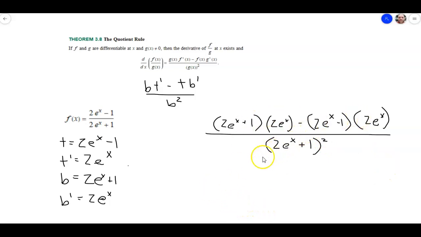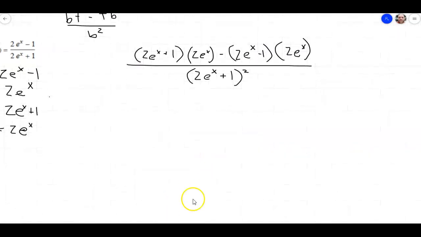It's going to be quite a bit of cleanup here, so you want to distribute that and distribute that. Let's go ahead and work through this one here, just to get a little bit of practice.